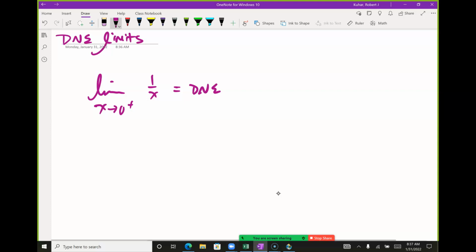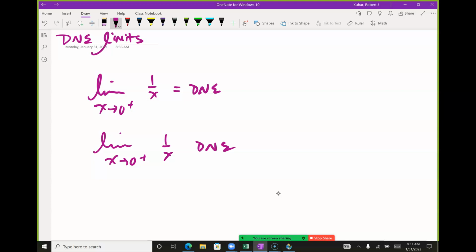I can't do anything about it. But I would rather you on paper write the limit as x goes to 0 from the right of 1 over x does not exist. I'd rather you write the English and the correct math. So you wouldn't write equals does not exist.